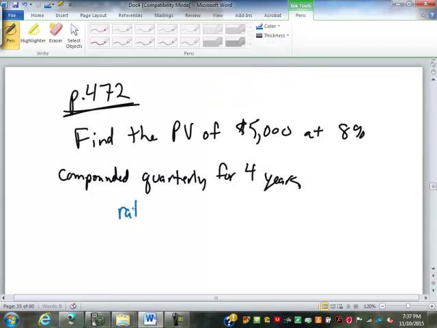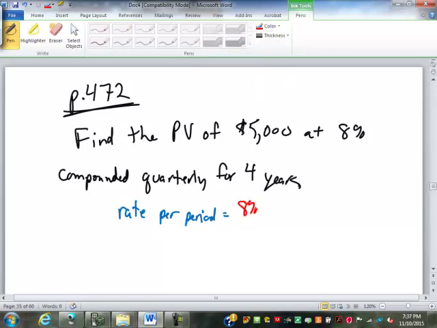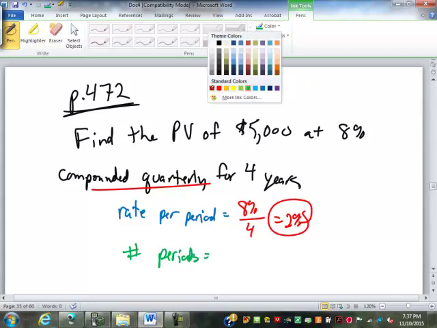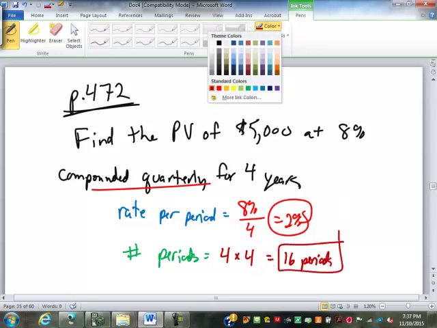First, what is our rate per period? Well, we have to do our 8% divided by 4 because it's quarterly. So 2% is our rate per period. Next, what is our number of periods? Well, 4 years times 4 periods a year for quarterly is 16 periods. So look at the table, 2%, 16 periods.